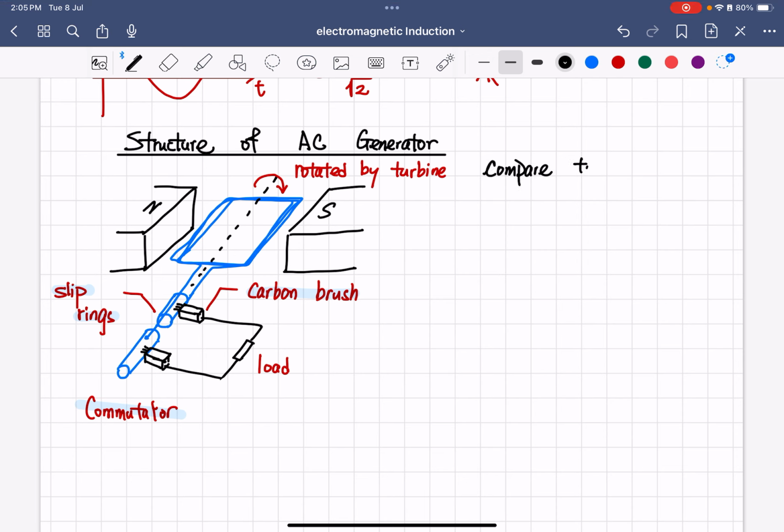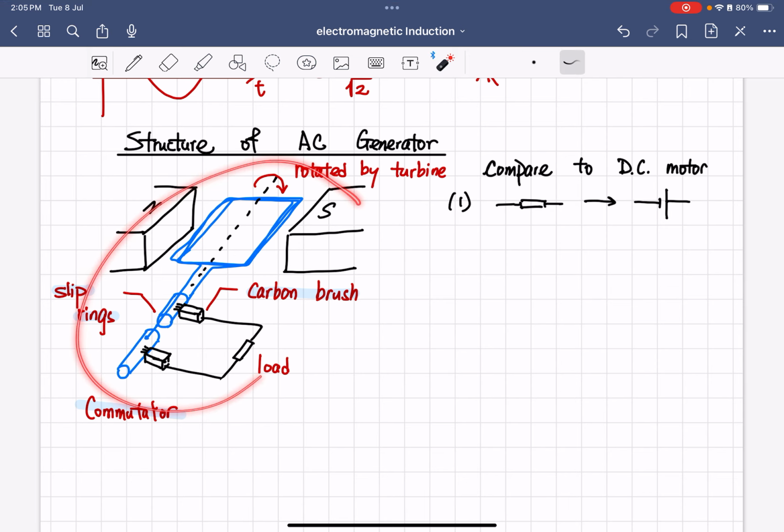So when you compare to a DC motor, we will not have the load. The load becomes a power supply. Secondly, if this is a DC motor, we will not have slip rings. We will only have split rings, just like half rings.